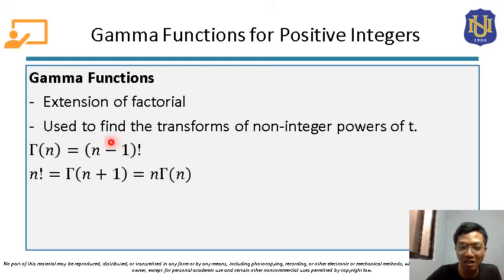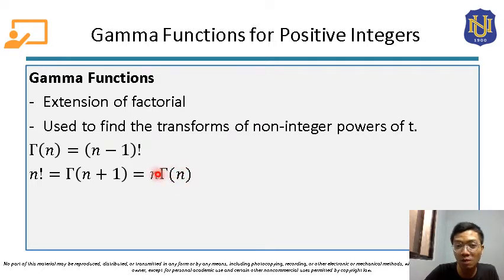And we know that in n minus 1 factorial, we did not include the n itself in the factorial. Let's say n is 5. If it's gamma of n, that will just be 4 factorial. Or gamma of 5, that will just be 4 factorial. So if the question is n factorial, let's say 5 factorial, the gamma of n is 4 factorial.